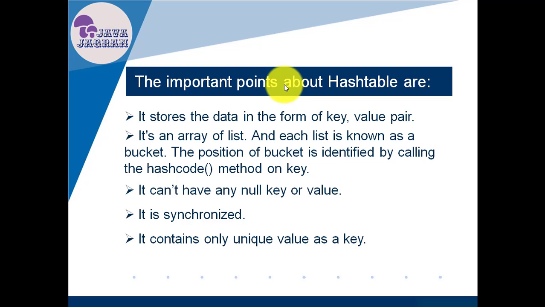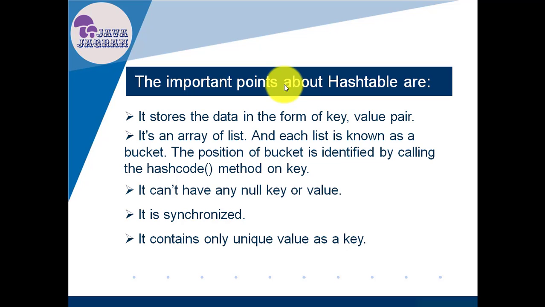The key cannot be a duplicate. The value can be a duplicate, but the key cannot. We cannot store one key twice in the hash table, because it's all about the internals. When I talk about the internals, I will explain all that.